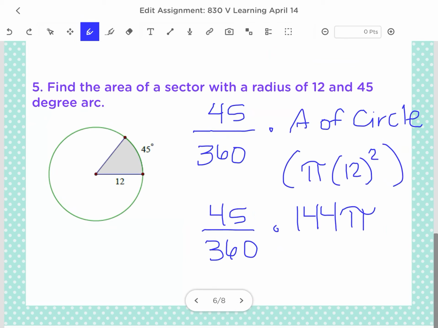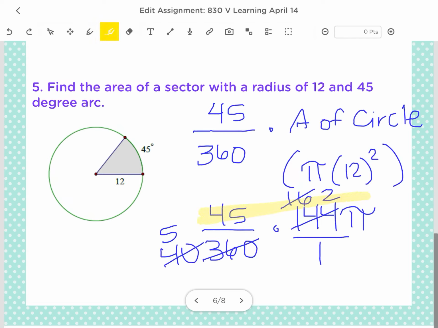It looks like you can divide both of these by 9. So 360 divided by 9 is 40, and 144 divided by 9 is 16. It looks like we can simplify both of those a little further and divide them both by 8. So this will be 2, and this will be 5. When I multiply across the top, I'm going to have 45 times 2, which is 90.